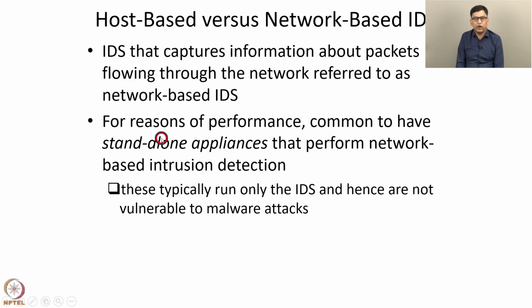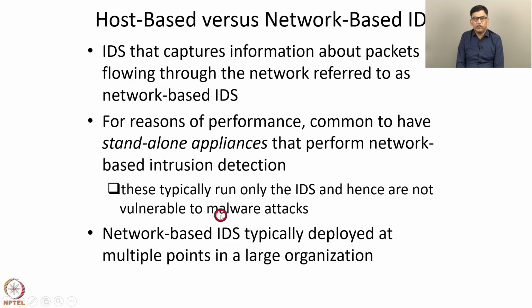These standalone appliances only run the IDS, and hence they are not vulnerable to malware attacks. If we had an IDS which ran in software on a PC, its performance would be low. In contrast, a standalone appliance that performs network-based intrusion detection typically performs faster than an IDS running in software on a PC.